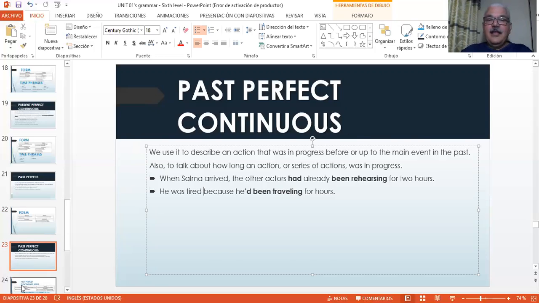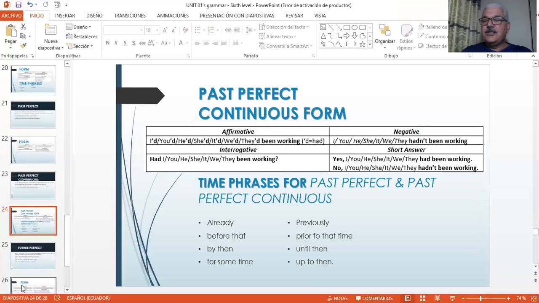Then, the past perfect continuous form is analyzed, of course, in this structure. We use had, then been, and then the main verb with ing for the affirmative sentence. If it is negative, we only add the negative form to the auxiliary had.